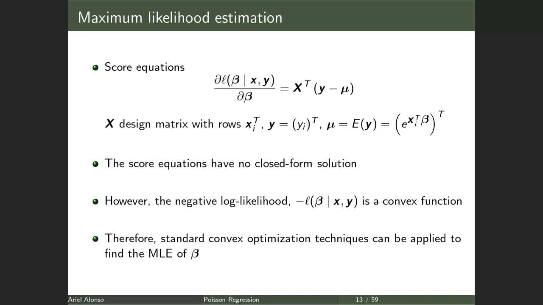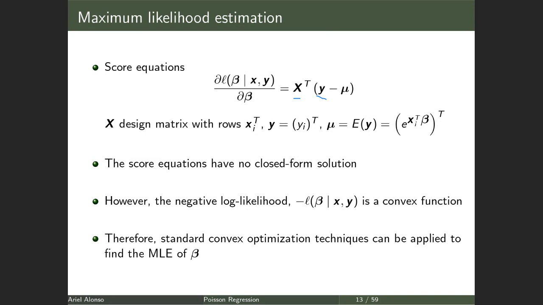Now, as you can see, and unlike in linear regression, that's the only case, there is not a closed form solution. You cannot get the beta as a function of the other elements in the equation, like we did, for instance, in linear regression. Here you cannot. So you need to resort to numerical methods like Newton-Raphson, Fisher scoring, iterative least squares, etc. Now, what you have here is that the minus log-likelihood is a convex function.